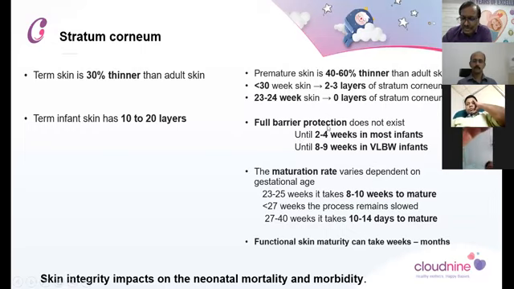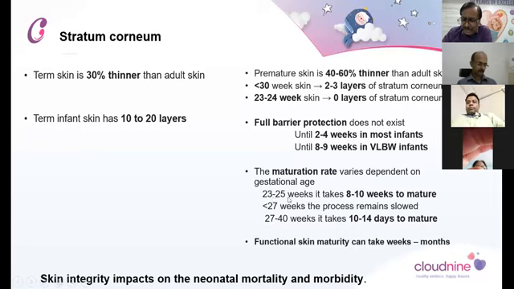Let's see the barrier function. Full barrier function takes at least 2 to 4 weeks in most infants. It is almost 8 to 9 weeks in very low birth weight babies. As for the maturation rate, in intrauterine life the maturation rate is slow. It becomes accelerated when the baby is in extrauterine life.